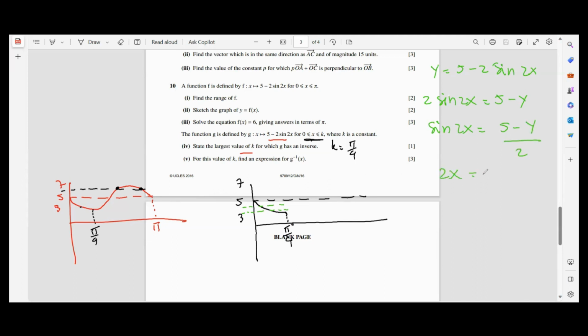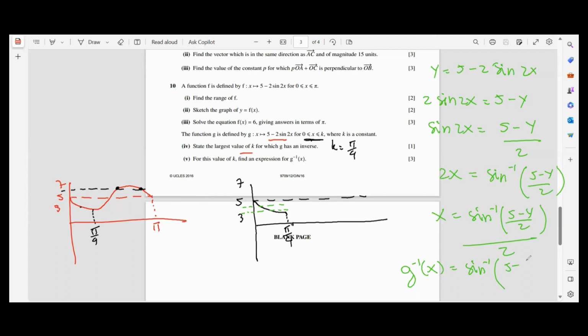So 2x equals sine inverse of (5 minus y) over 2, so x equals sine inverse of (5 minus y over 2) over 2. We can change it back to g inverse of x equals sine inverse of (5 minus x over 2) over 2. That is for the V.